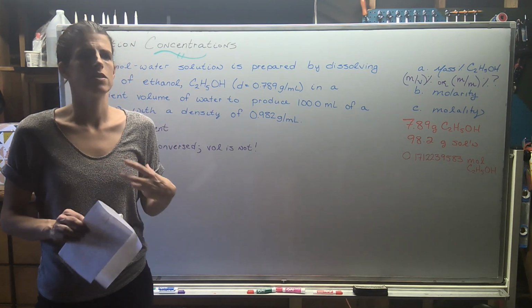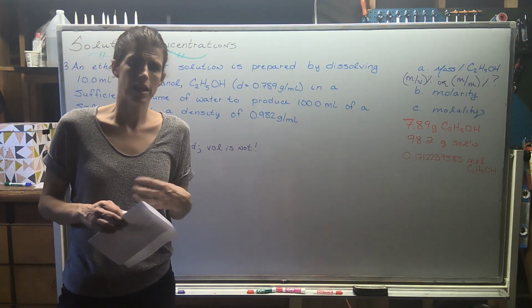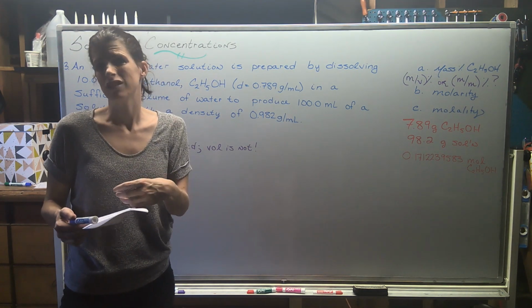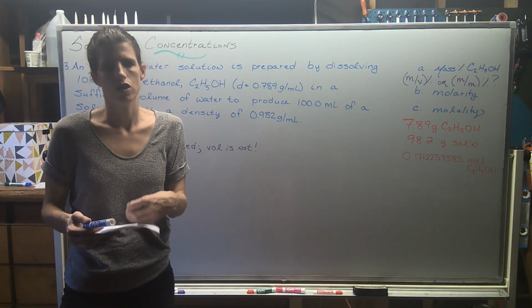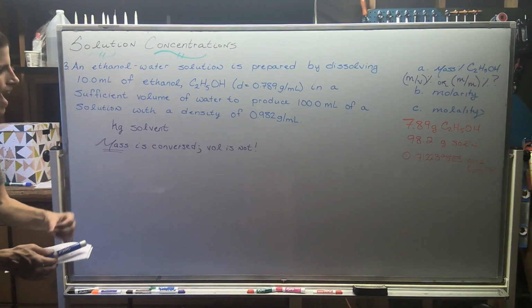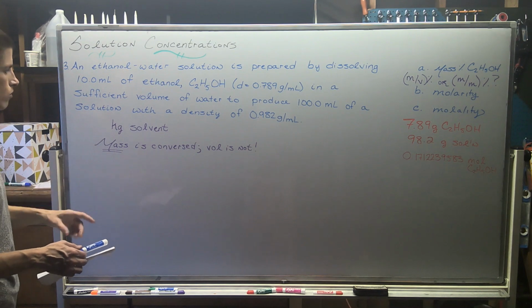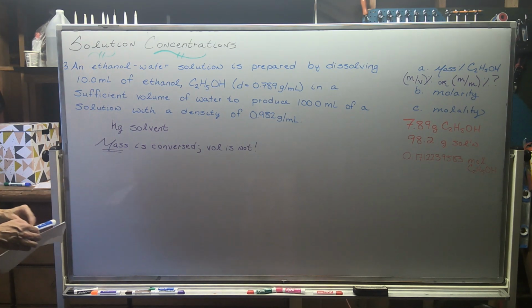More likely, since the two substances get along, that they have like properties, you're actually going to have less than 200 milliliters of solution. So volumes cannot be added or subtracted just to find a final or total volume. However, you can get away with doing that with mass. So that's what we're going to do here.